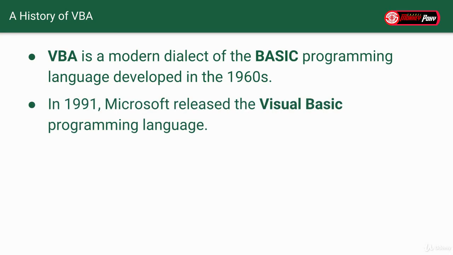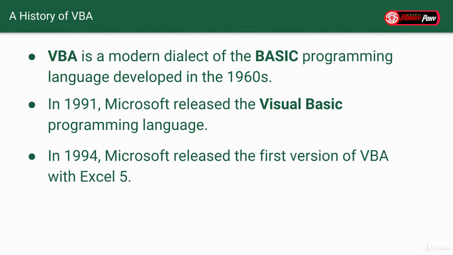In 1991, Microsoft released the Visual Basic programming language for Windows. That's also a completely separate language that's used to build standalone desktop applications on Windows. So the important thing that I want to emphasize here is that BASIC, Visual Basic, and Visual Basic for Applications are three completely different things. In 1994, Microsoft released the first version of VBA, Visual Basic for Applications, with Excel 5.